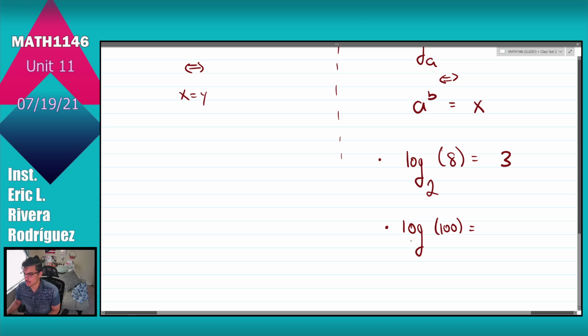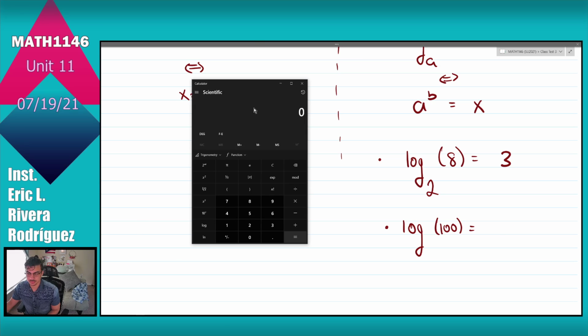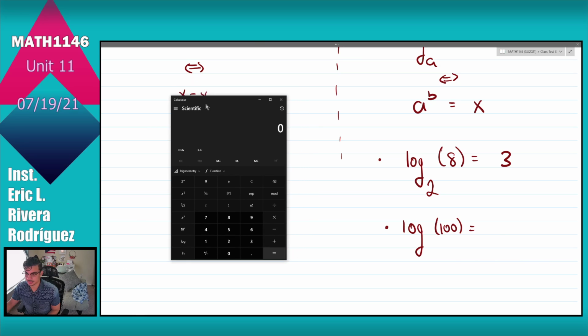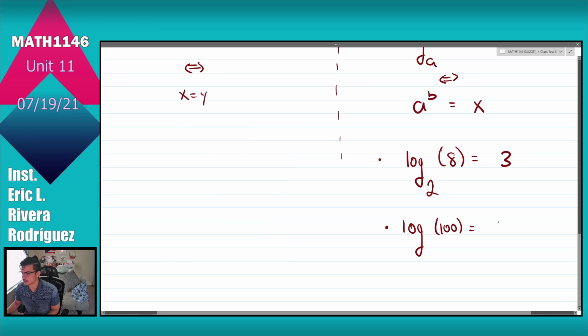Now let's see log without a base. You need to remember the meaning of this. Log of 100. What will be the answer here? So we go to our calculator. Let me see how my calculator handles this. I believe it's 100 first and then log. This is equal to 2.